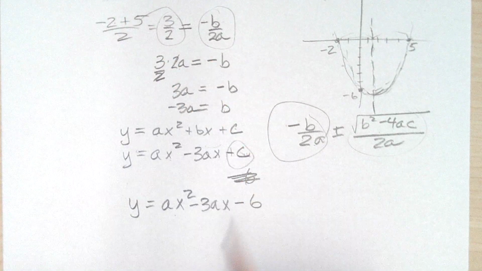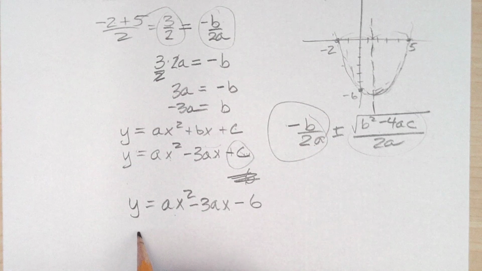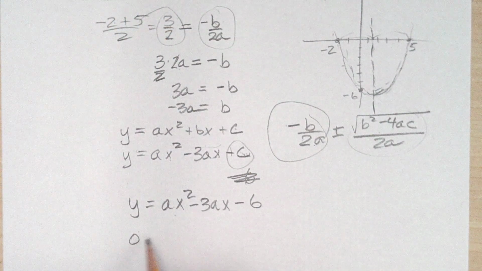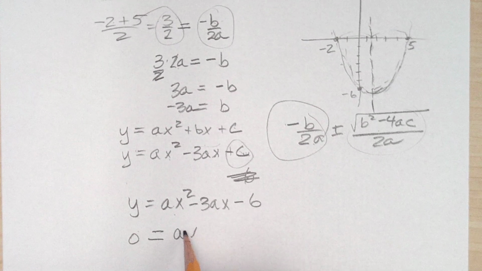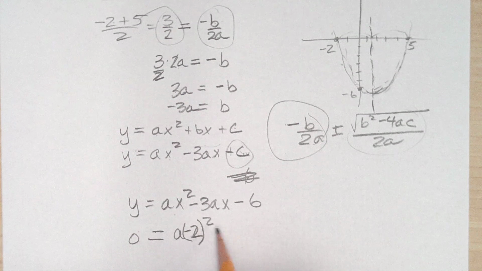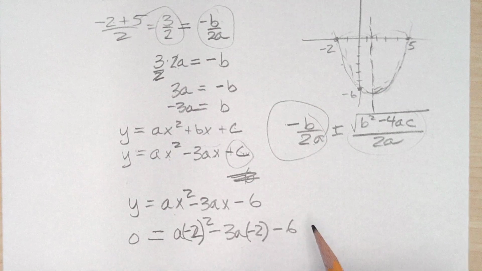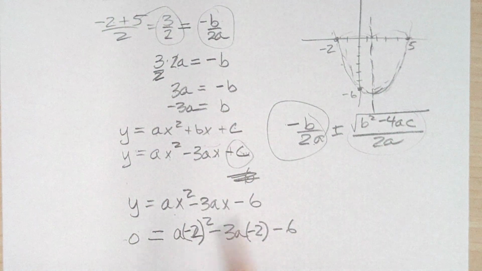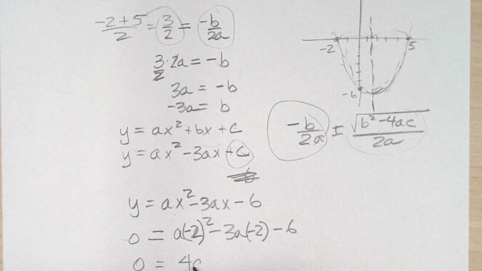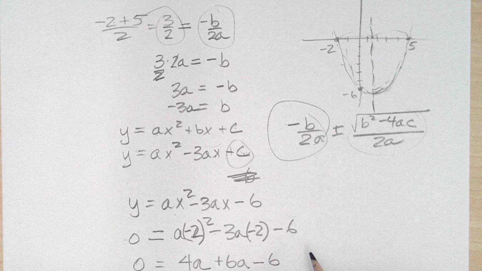let's say I put in the minus 2 for x, I get 0 for y equals a times negative 2 squared, minus 3a times negative 2, minus 6, and I'm supposed to get 0. So negative 2 squared is 4, so I get 0 equals 4a. Negative 2 times negative 3 is positive 6a, minus 6.